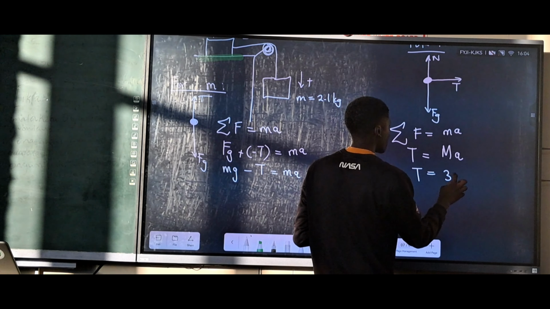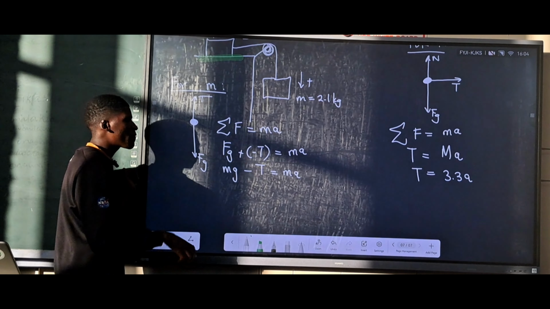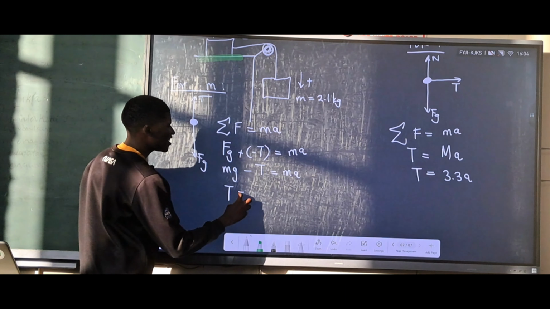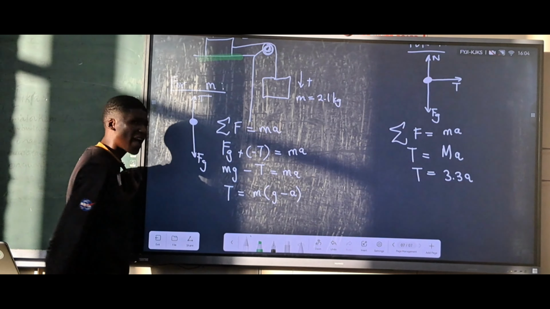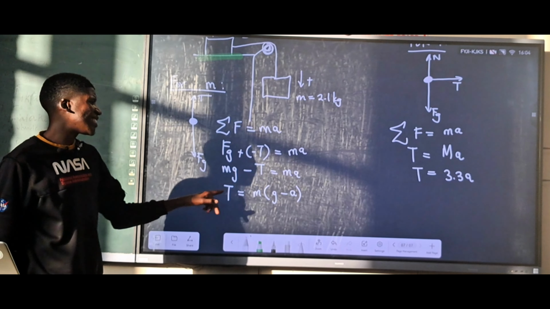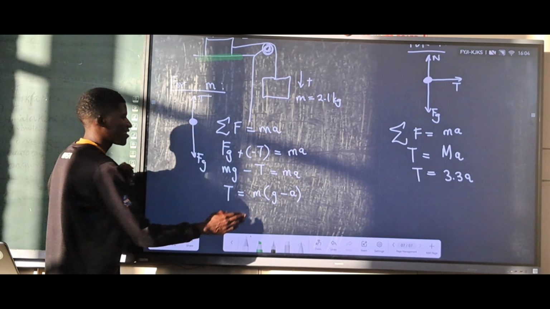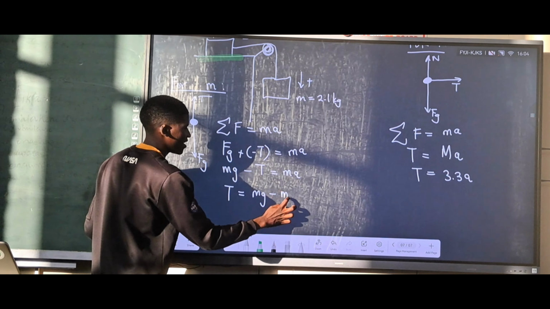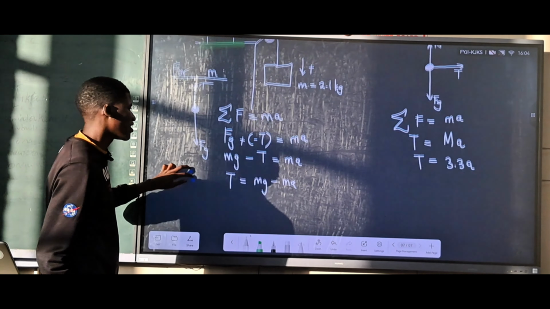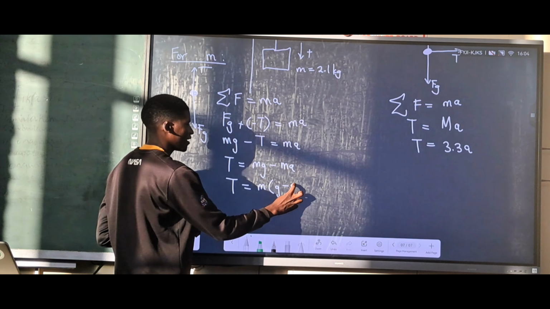So this will be 3.3 kilograms multiplied by A. Before we substitute, we can say tension is equal to m into g minus a. Let's transpose it. So mg minus ma is equal to tension. So tension is equal to m into g minus a.